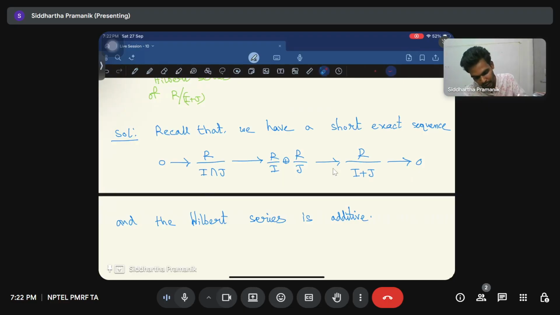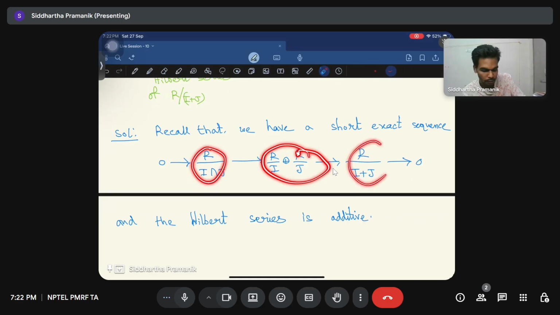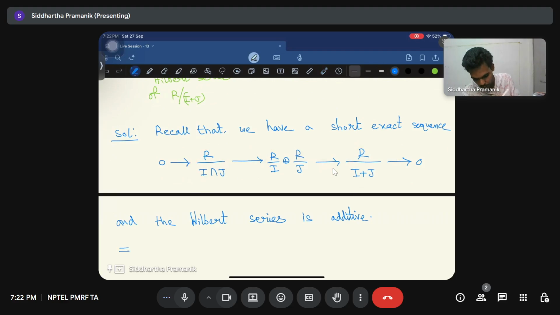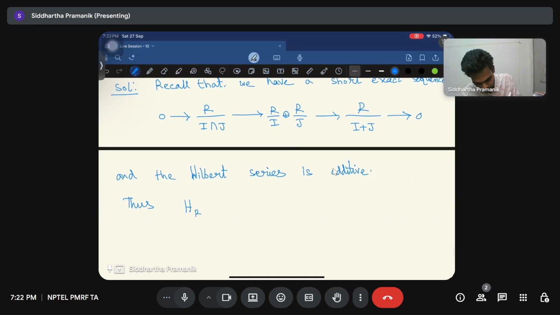That means the Hilbert series of the middle one will be the sum of the Hilbert series of the extreme modules. Thus the Hilbert series of R mod I direct sum R mod J of t is the same as the Hilbert series of R mod I intersection J plus the Hilbert series of R mod I plus J of t.